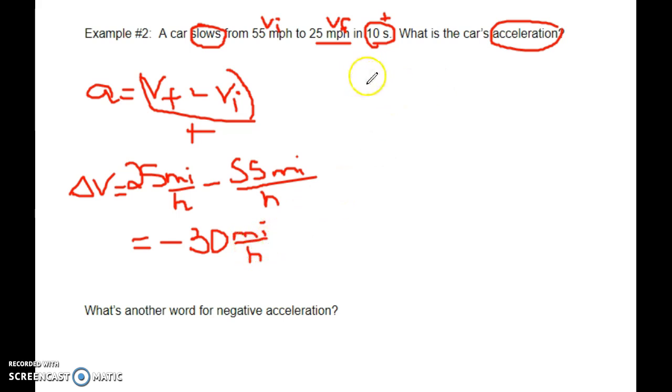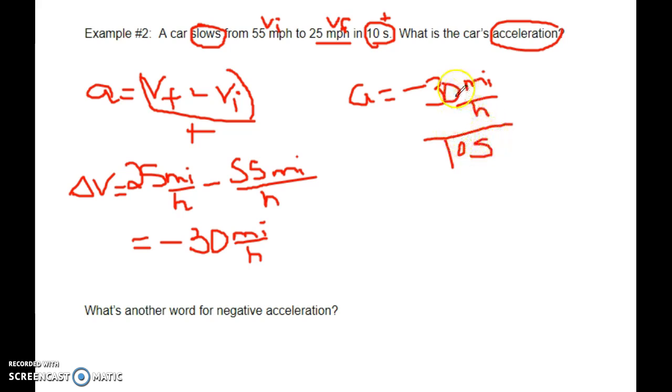So then for my acceleration part, I'm going to have negative 30 miles per hour, and then all of that divided by 10 seconds. And that is going to give me negative, it's important you have the sign, 3 miles per hour per second.